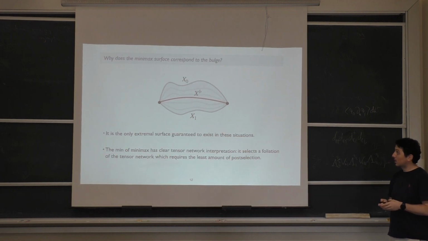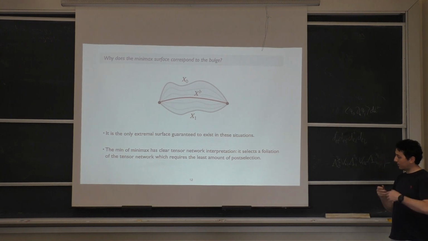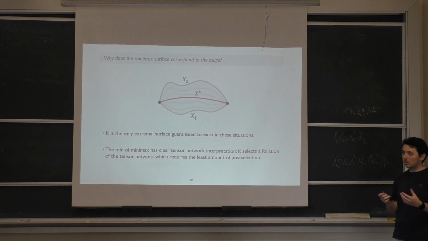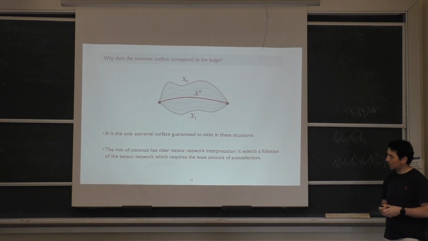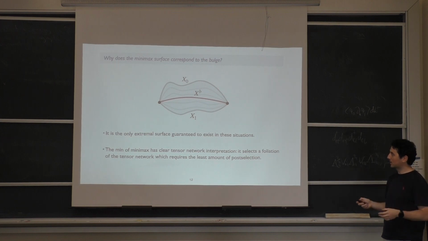Okay. So why does this surface interest us? So first of all, this bulge surface defined by the minimax algorithm is the only surface which is guaranteed to exist in this setup. So that's one reason. And the second reason is that it has a nice tensor network interpretation, in the sense that if we interpret this region here as a tensor network, we foliate this tensor network using different cuts.